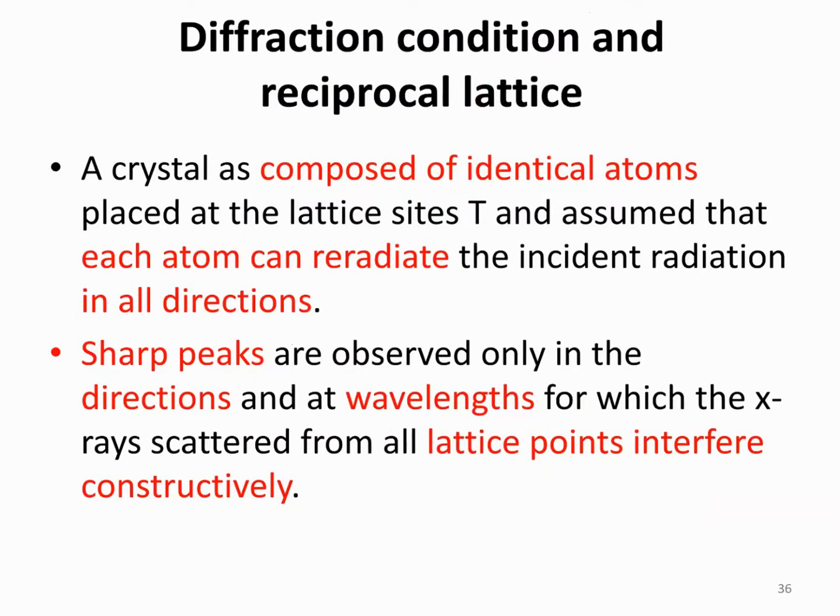So the diffraction condition and reciprocal lattice: a crystal is composed of identical atoms placed at the lattice sites T, and assume that each atom can re-radiate the incident radiation in all directions. Okay, and then sharp peaks are observed only in the direction and at the wavelength at which the X-rays scattered from all lattice points interfere constructively. So in order to observe the sharp peak, remember the diffraction pattern that has many reflection spots.